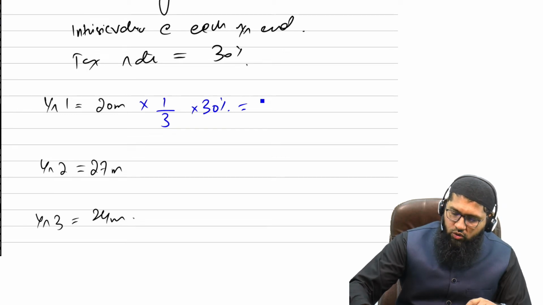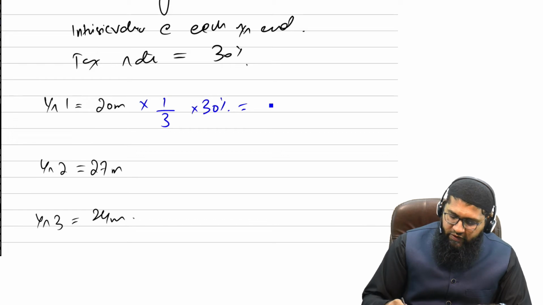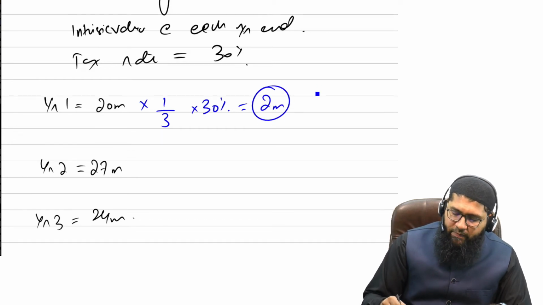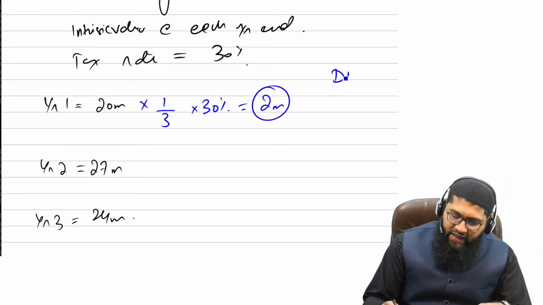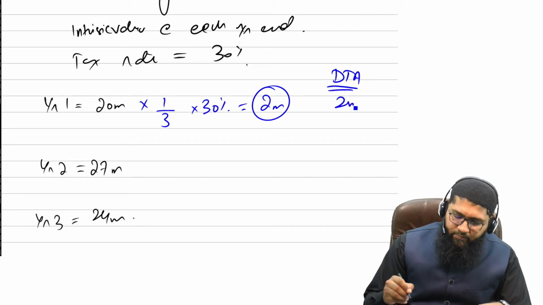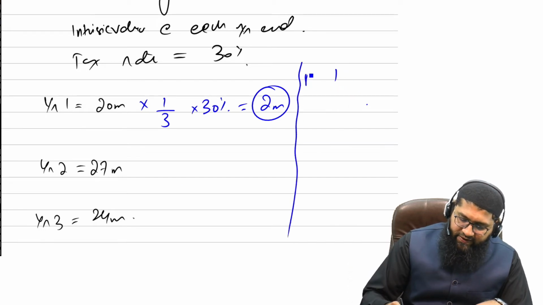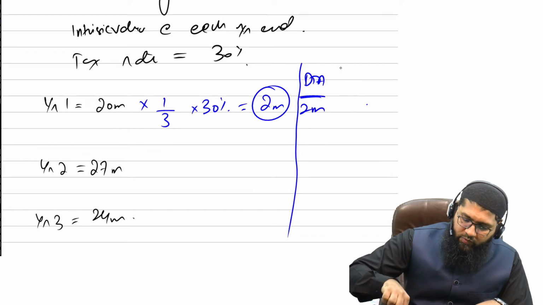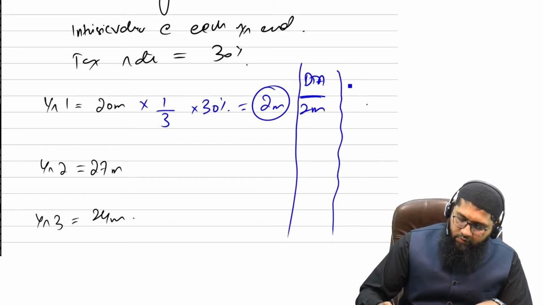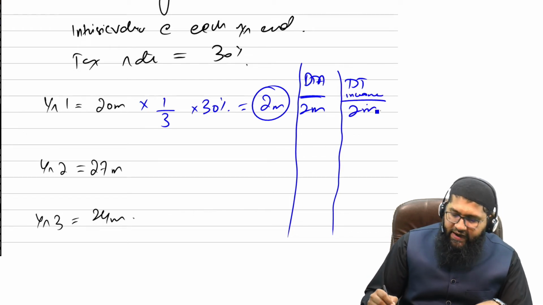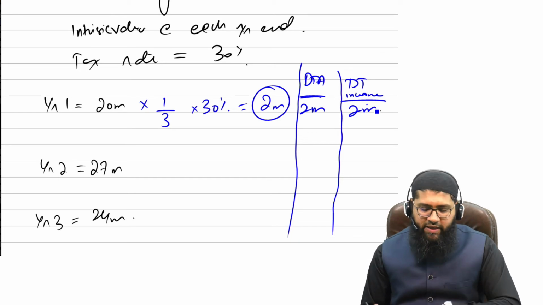So 20 into 1 upon 3 into 30% gives you 2 million. Your deferred tax asset carrying amount is going to be 2 million, and deferred tax income is also going to be 2 million in year 1.